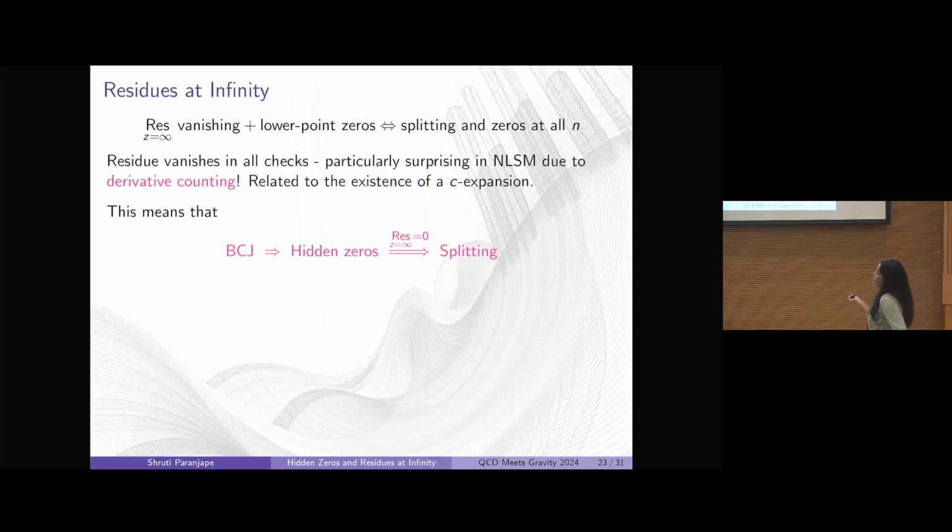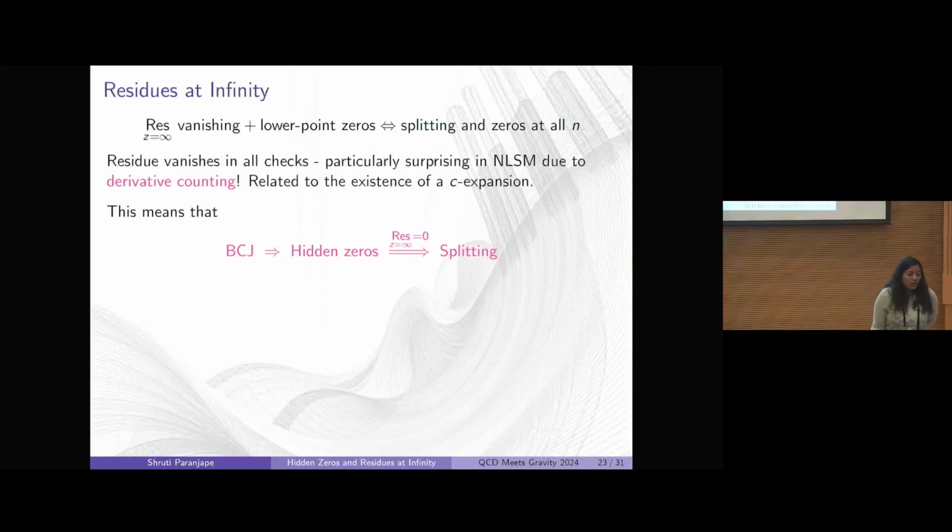And for any check that we have done, for any of the amplitudes we've looked at, the residue indeed does vanish. And I think a first principles explanation as to why this happens still evades us, but hopefully will be in our paper in the next few months.